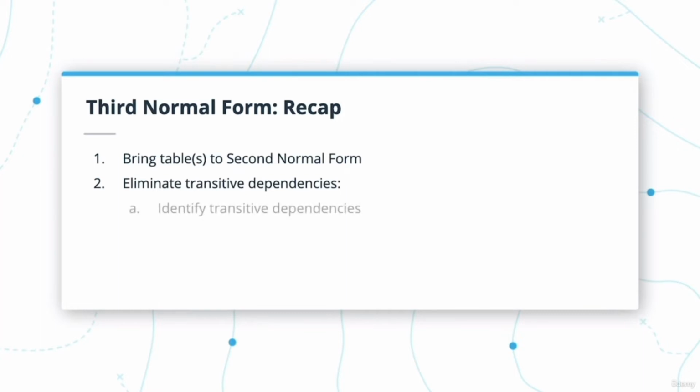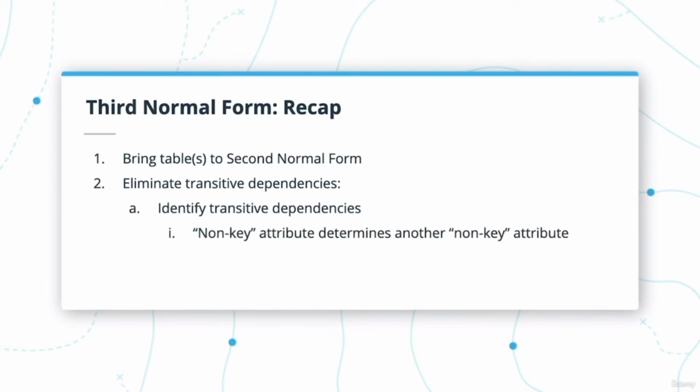And the way that we do that is by first qualitatively identifying those transitive dependencies. That means looking at the data and being intimately familiar with that data. And finally, once we've identified those transitive dependencies, which again are non-primary key attributes that are determining another non-key attribute, well, we're going to follow the same recipe as second normal form and create new tables for each entity that we've identified.